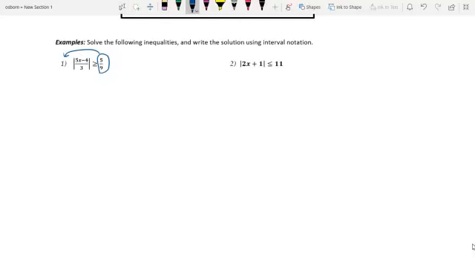Alright, so what that means is I've got negative 5/9 is greater than or equal to, notice that my inequality symbol is staying in the same direction, and then I've got my 5x minus 4 over 3, and then I'll put that same inequality sign and the 5/9.